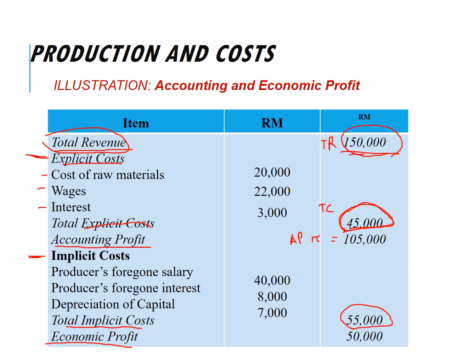So total revenue minus 45,000 minus 55,000, you will get the economic profit of 50,000. So this is economic profit. So it is clear here that accounting profit is bigger than economic profit. This one is lesser and this one is bigger.